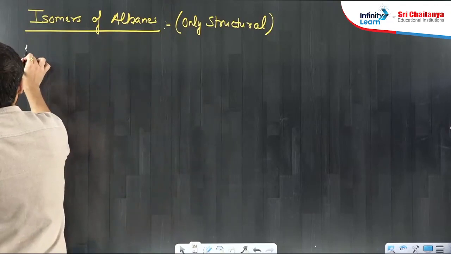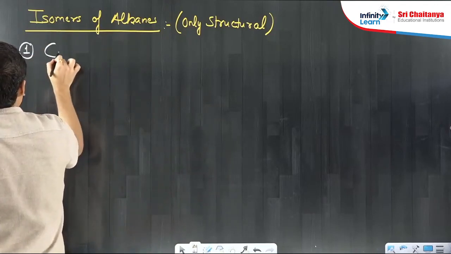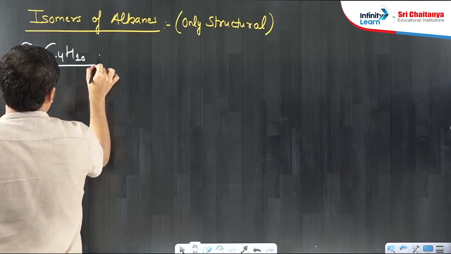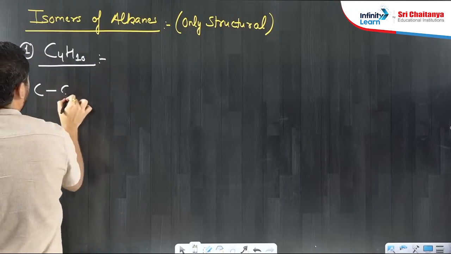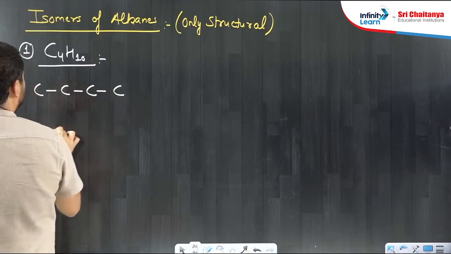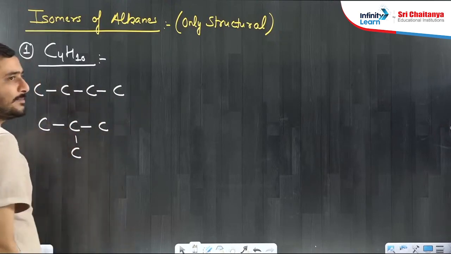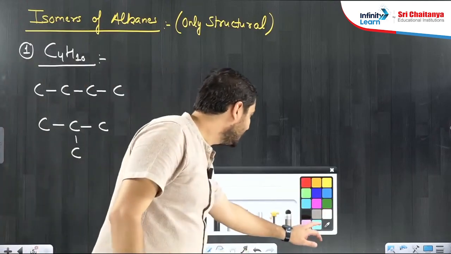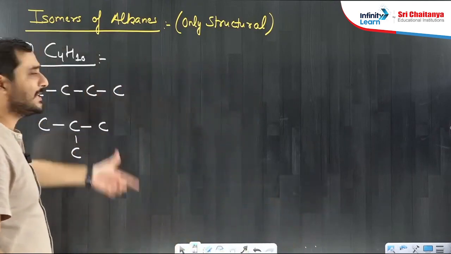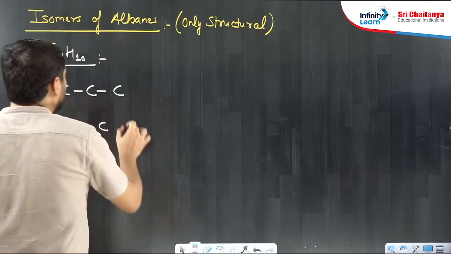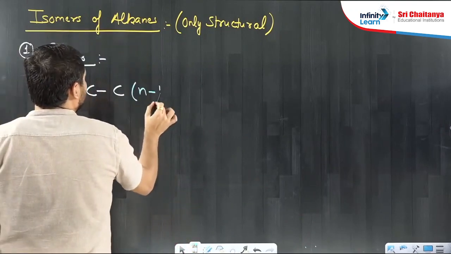So if we take the first example, the molecular formula is C4H10. How many possible cases are there? 2 possible cases. 4 carbon atoms in straight chain, and 3 carbon atoms and 1 branching. Now tell me the name of the first one. What is the common name of the first one? Very good, butane. We write normal butane.